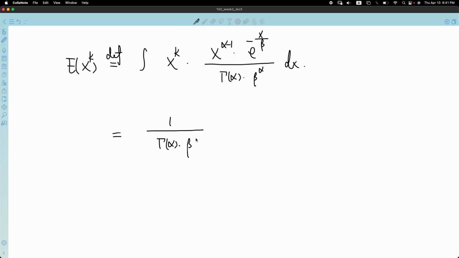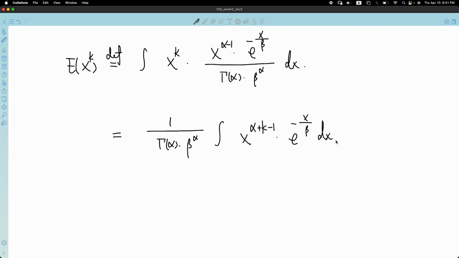Beta. Yeah, so this is considered a constant. So I'm going to bring it outside the integral when I'm evaluating the kth moment. That means we have the remaining terms inside the integral. Now I'm going to group the x together in this way. I'm going to have x raised to the power of alpha plus k minus 1, and then exponential of negative x over beta, dx.